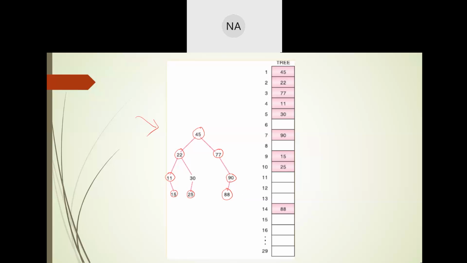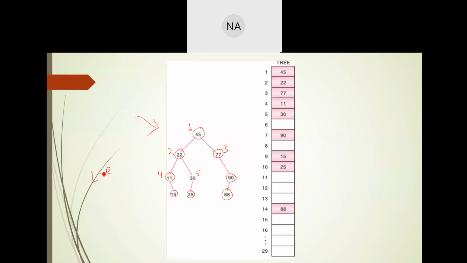So how will we number them? 45, the root node, is given number 1, then 2, 3, then number 4 is assigned to node 11, then 5, then number 6. You can see that we assign numbers from left to right.